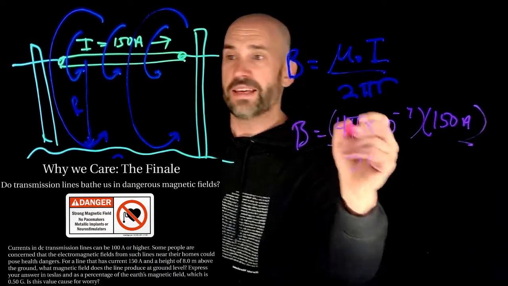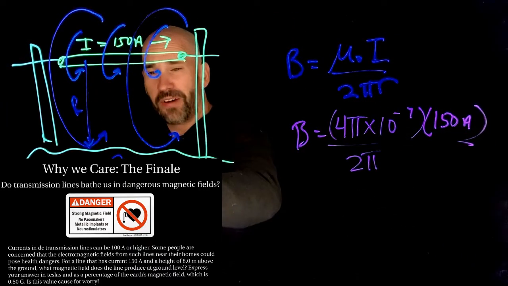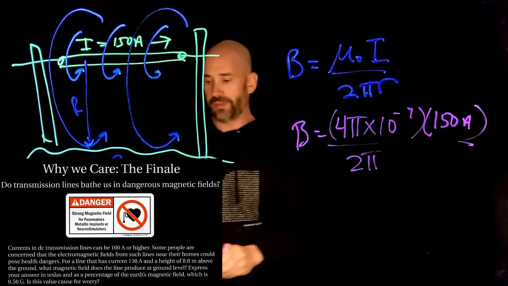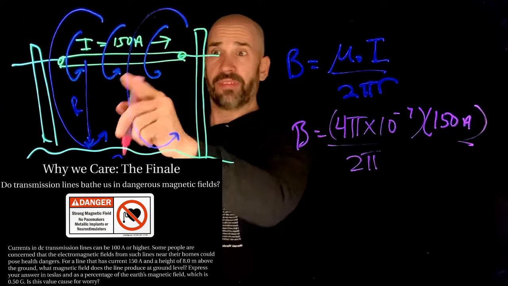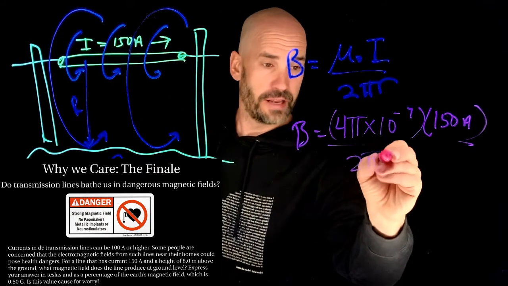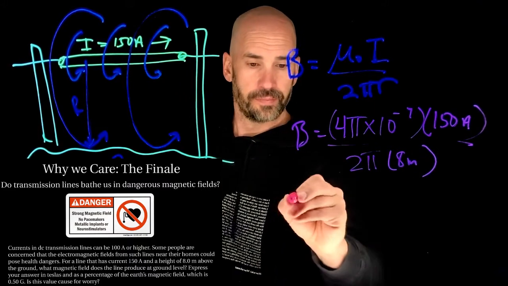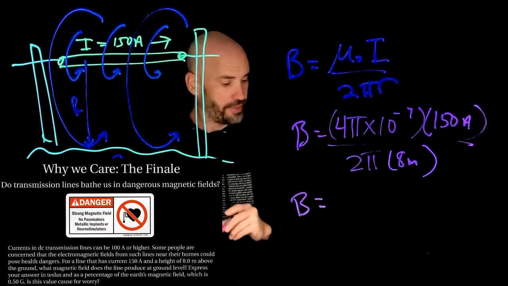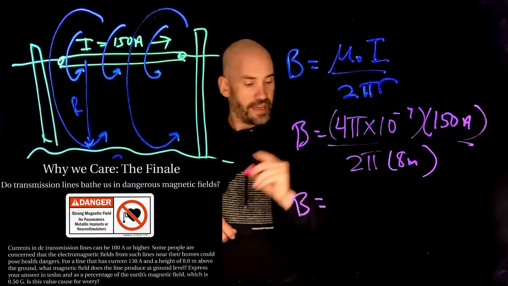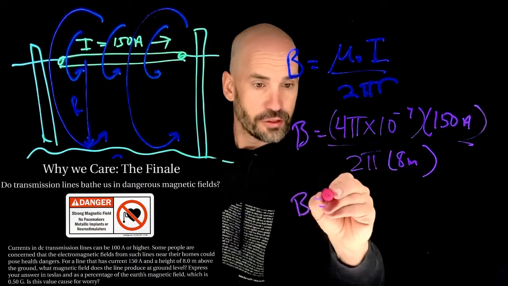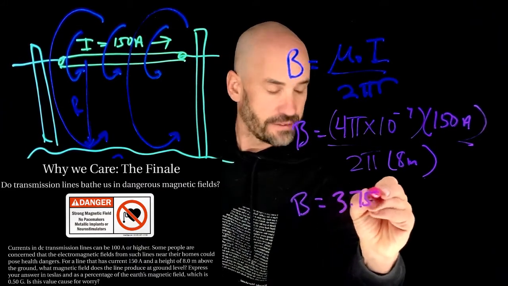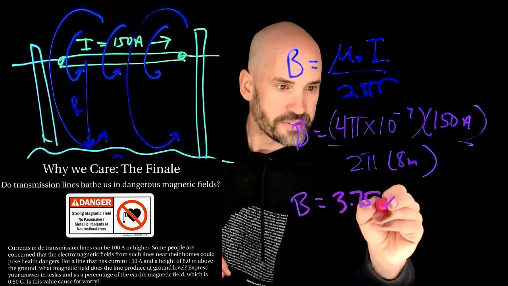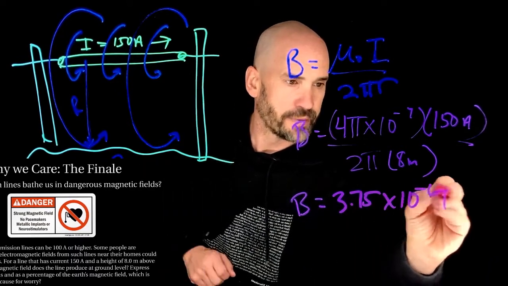And the radius is, well, we're 8 meters from the ground and we want to find the B field at the ground level, right? So what is that? That is 8 meters. So I'll put in 8 meters here. If I put that all into a calculator, I get 3.75 times 10 to the minus 6 Tesla, okay?